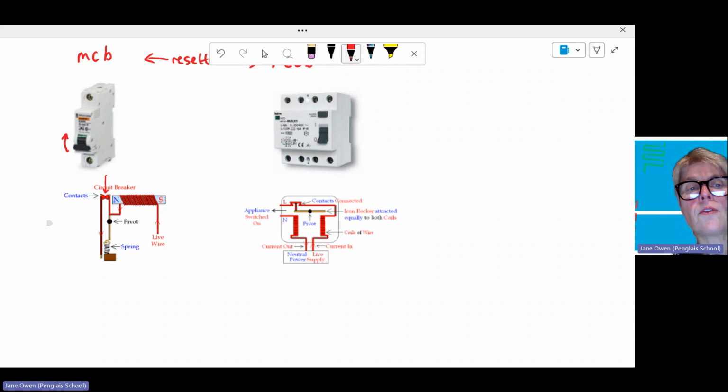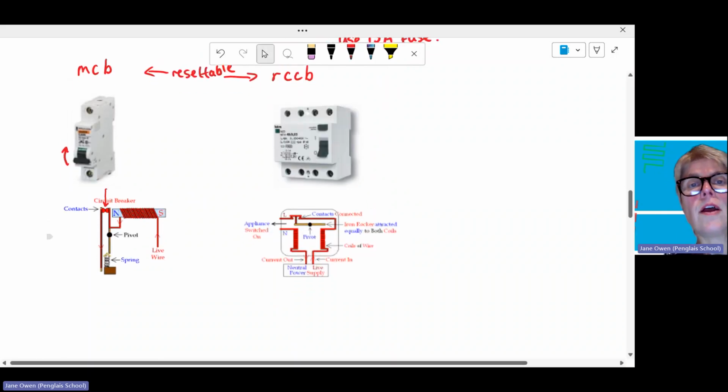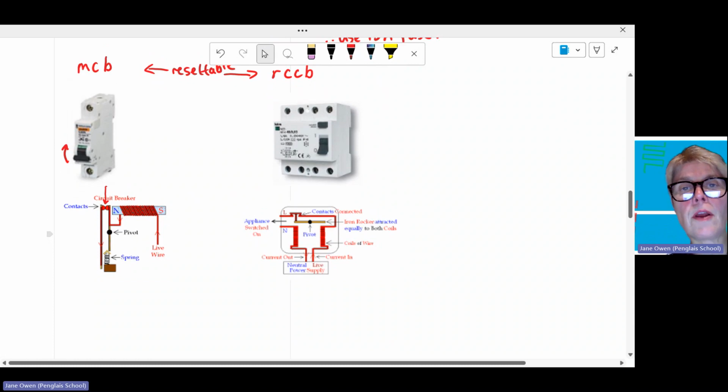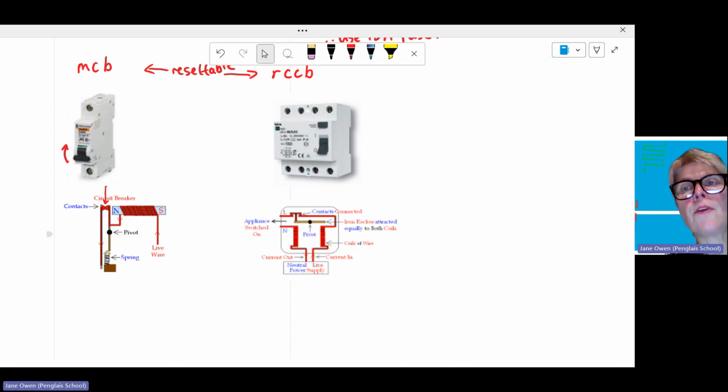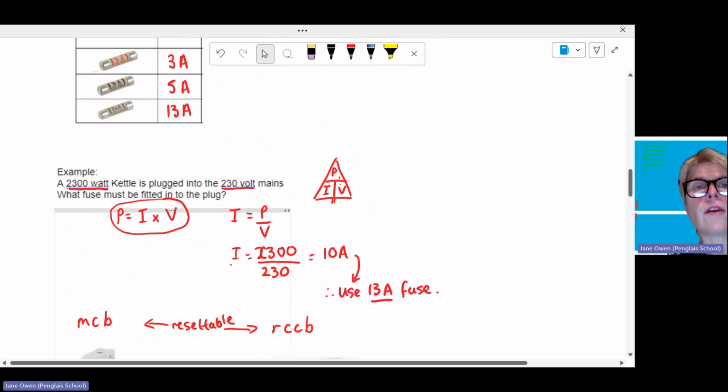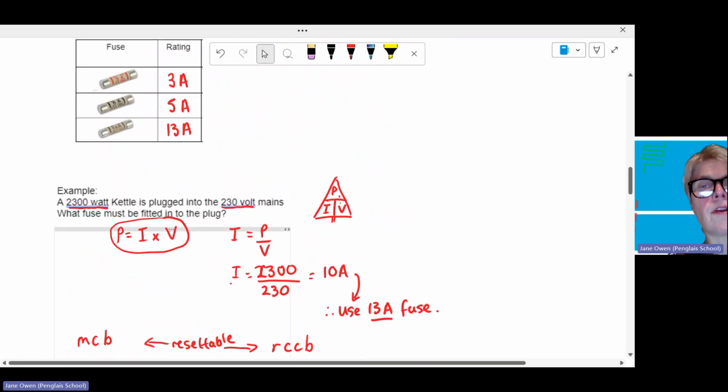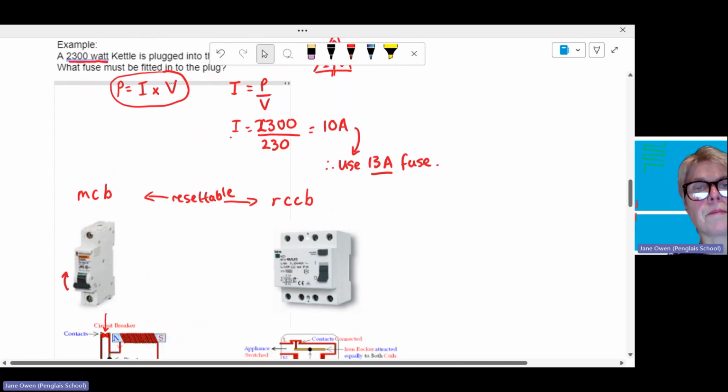A similar sort of system exists for a residual current circuit breaker, but the beauty of this is that it's much more sensitive and much more accurate. With a fuse, you have to wait until the wire has melted, and this takes time.